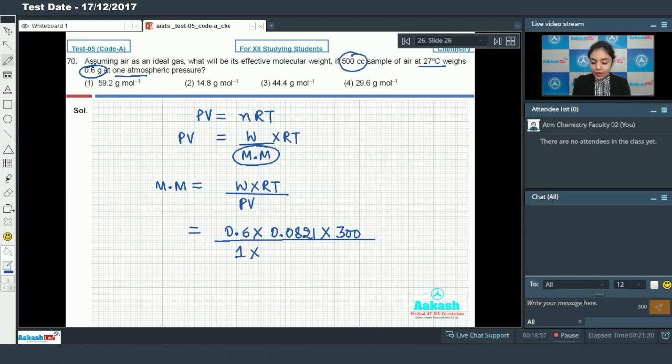Volume is 500 centimeter cube, so convert this into liter. It will be equal to 500 divided by 1000. If you calculate this, your answer will come out to be 29.6 gram per mole. So option number 4 will be the correct answer. So moving on to the next one now.